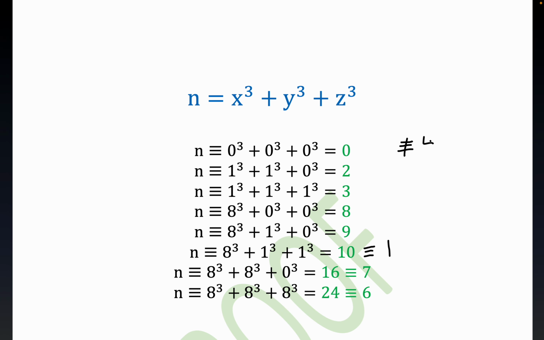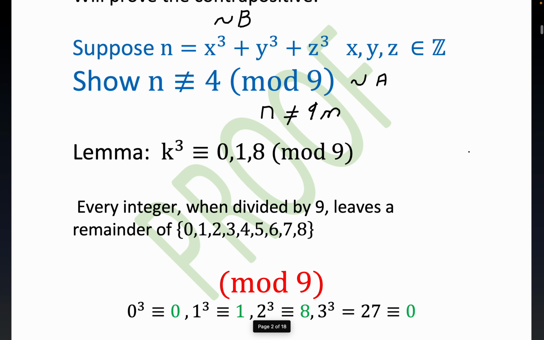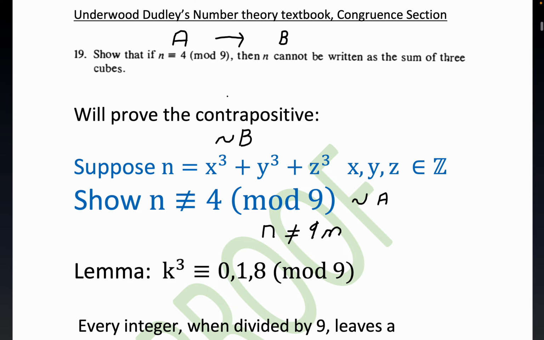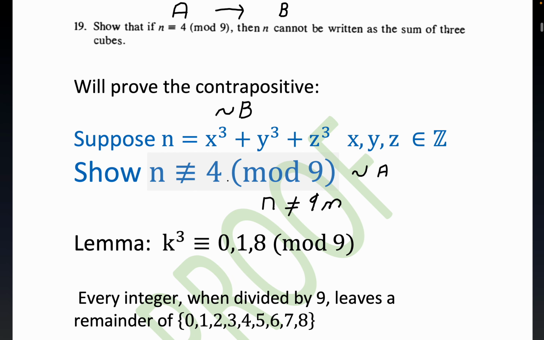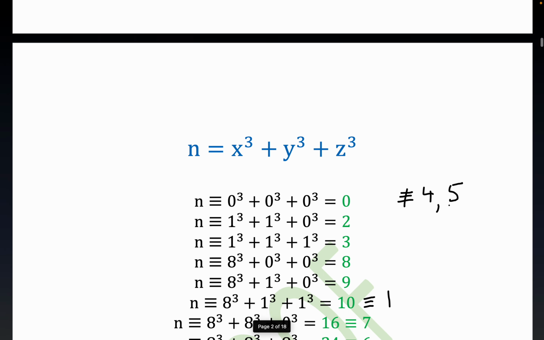You can verify this if you want, but the only remainders I was able to exclude for the sum of 3 cubes are 4 and 5. Note that all we had to do was prove it for 4. So this original problem could have been 4 or 5, the way I've done it. But Underwood Dudley was just interested in showing it wasn't congruent to 4 mod 9. And so it looks like we proved what we set out to prove.